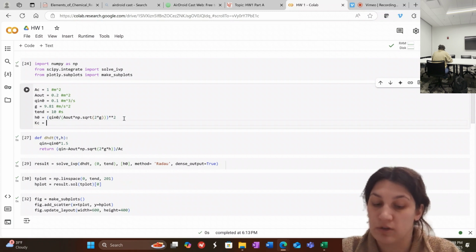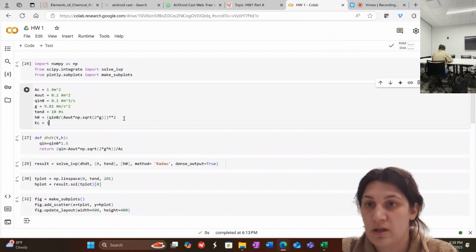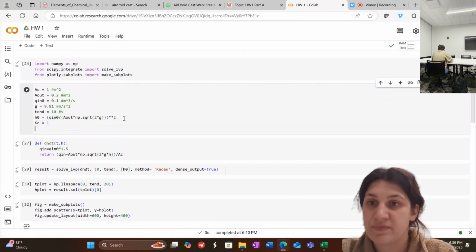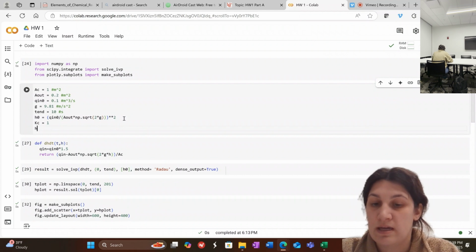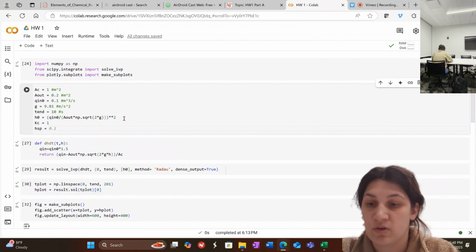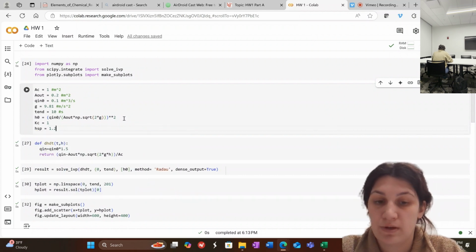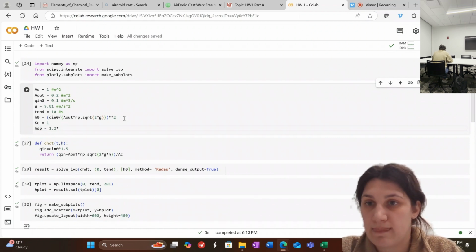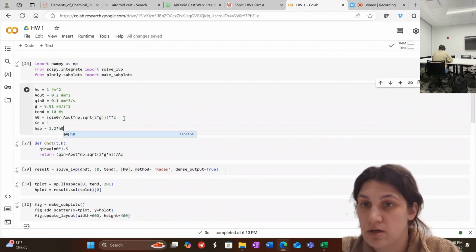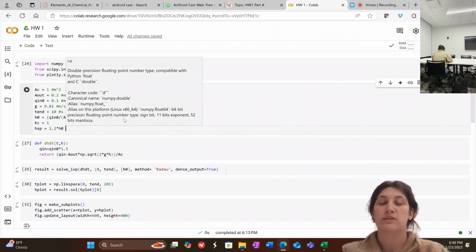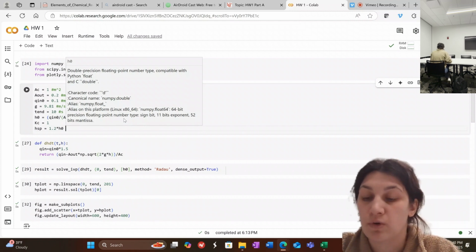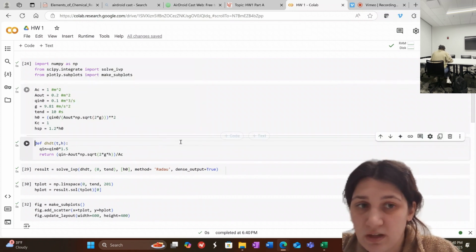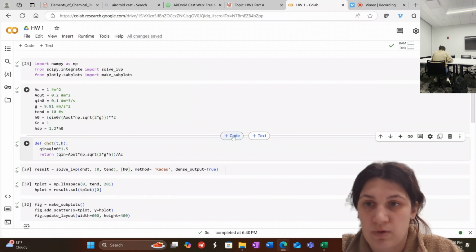We don't technically know the value, so we're just going to put a 1 for now. We were also given a new parameter, the set point, so HSP is going to be equal to 1.2 times our H naught, and this is representing that 20% increase from the original set point.